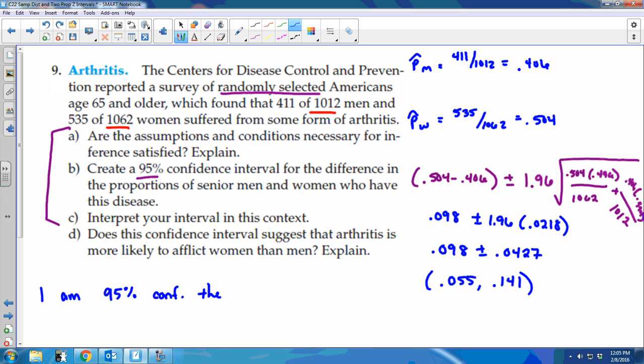that the true proportion, now in this case we're talking about difference in proportions, right?